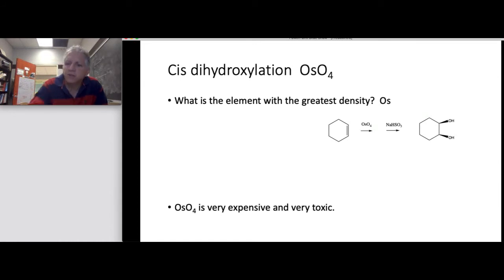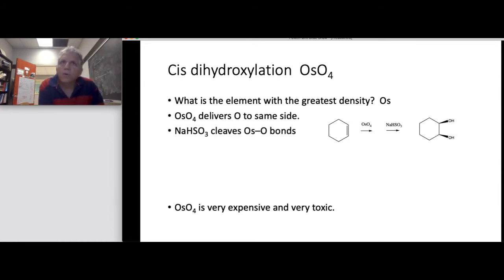What the heck's that doing? Well, what the osmium's doing is it's going to deliver the O's. But the OsO, the osmium-oxygen bond, is going to remain. And so in this next step, commonly called the workup, I have this reducing agent, which is going to cleave the OsO bond and put an H there.